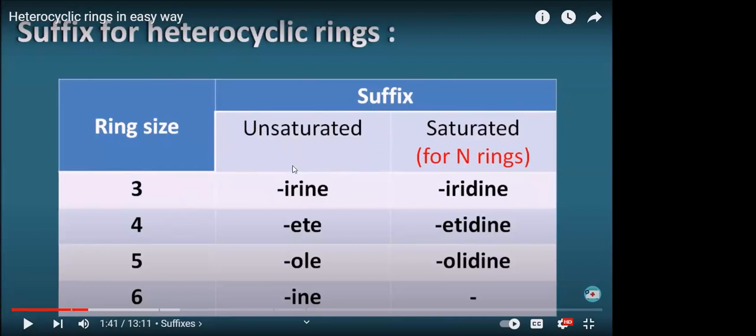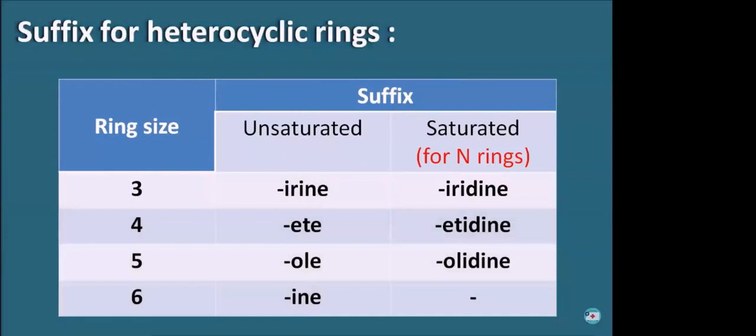For example, let's say you're dealing with a three-membered ring: for a three-membered saturated ring, you cannot add 'irene' in place of 'iridine'. That's why I also explained that it's really important to be able to differentiate saturated and unsaturated. Here we have shown the suffixes for the saturated rings which have nitrogen.